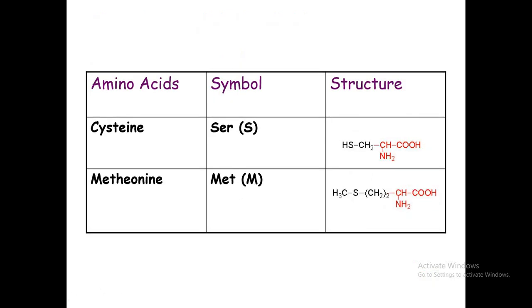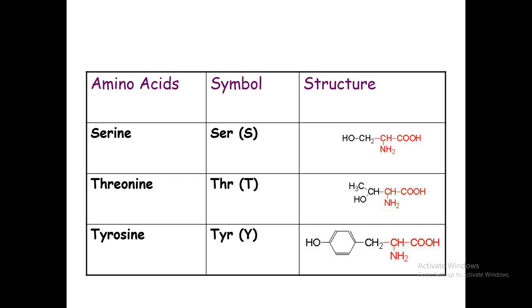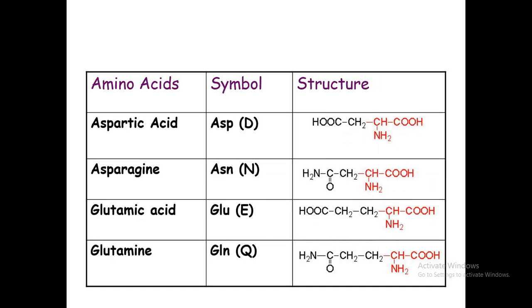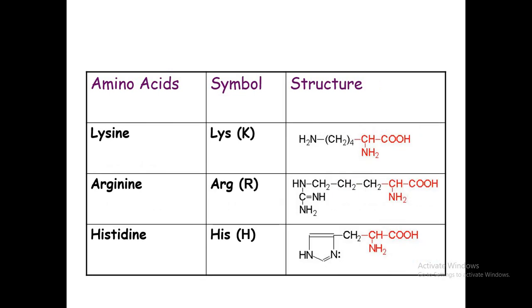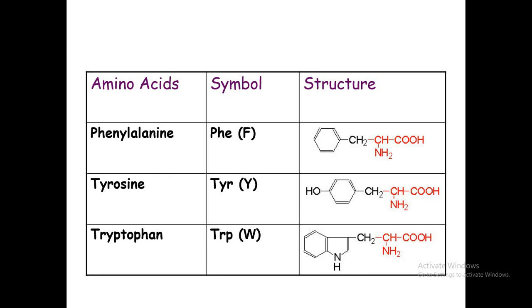So these are the 20 different types of amino acids that exist in proteins. There are different types of proteins, and the proportion of these amino acids is different.